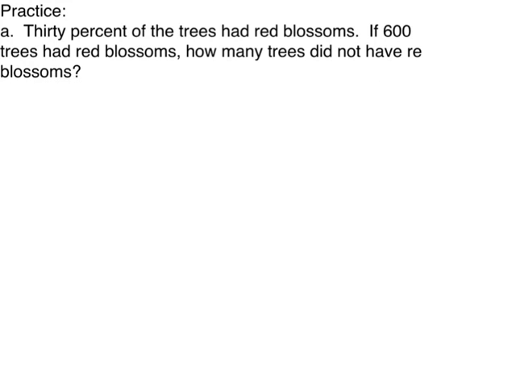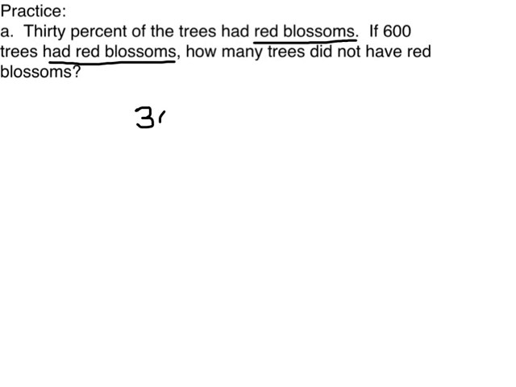All right, for your first practice problem, it says 30% of the trees had red blossoms. If 600 trees had red blossoms, how many trees did not have red blossoms? So we will set this up. 30% and 600 both represent the same thing.